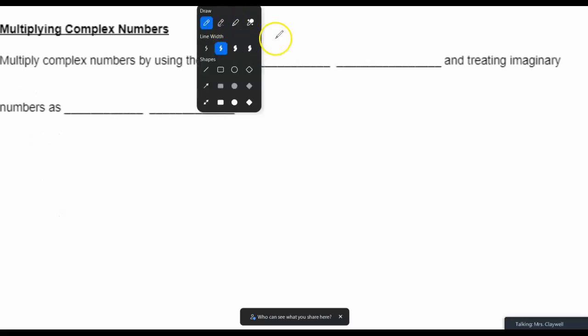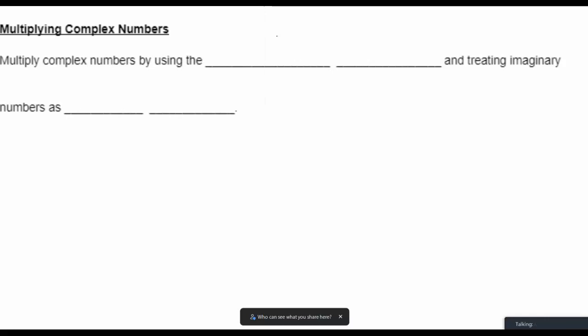So we're going to use this when we start multiplying. We use the distributive property and treat imaginary numbers as like terms.